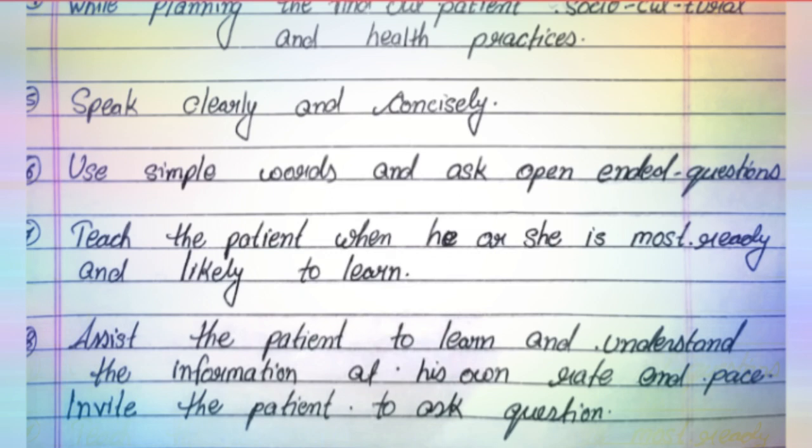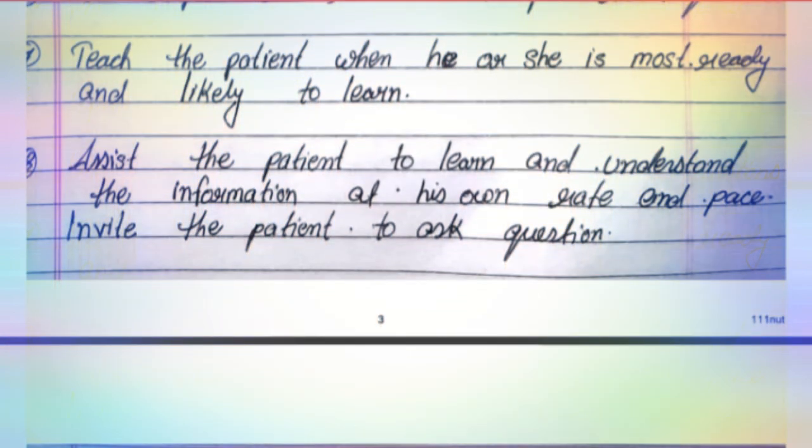Seventh is teach the patient when he or she is most ready and likely to learn, that means when the patient is in a proper mood and feels comfortable. नेक्स्ट हम लोग पढ़ेंगे another factor. Eighth one is assist the patient to learn and understand the information at his own rate and pace. Invite the patient to ask any question.